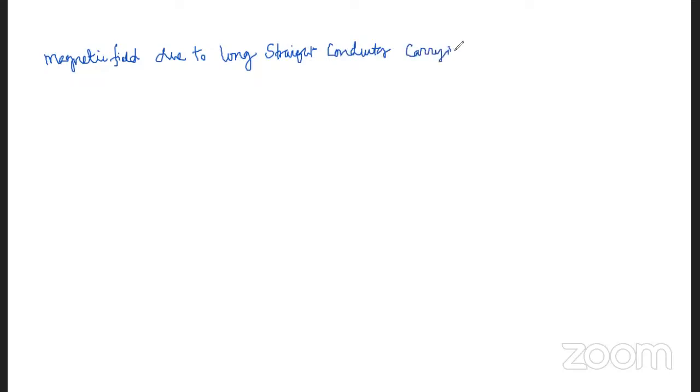So we have to see the magnetic field due to a long straight conductor carrying current. We'll consider an infinitely long conductor placed in a vacuum and carrying a current I.